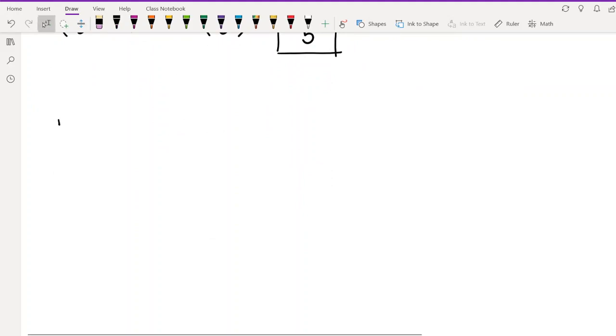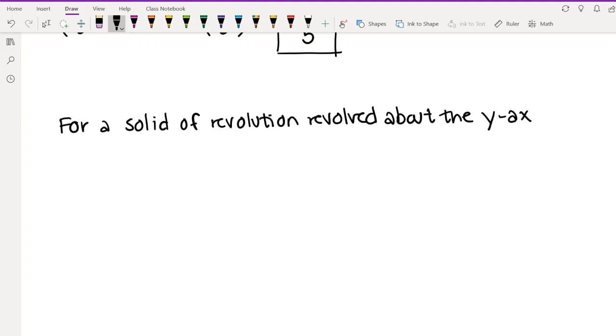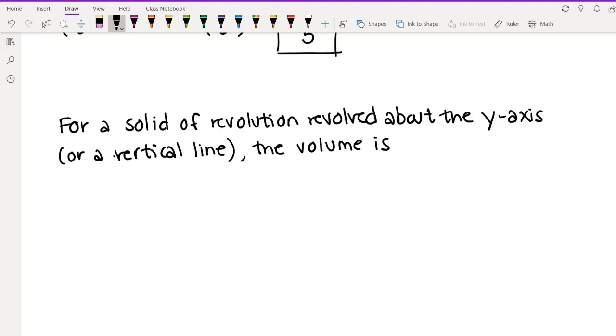So when finding the volume for a solid of revolution revolved about the y-axis, or a vertical line, the volume is going to be, again, pi times the integral from a to b of r squared dy.